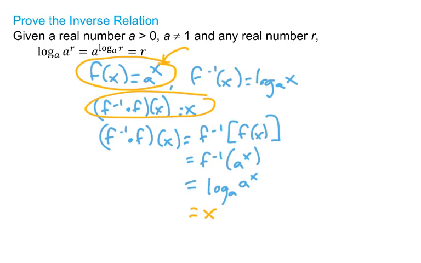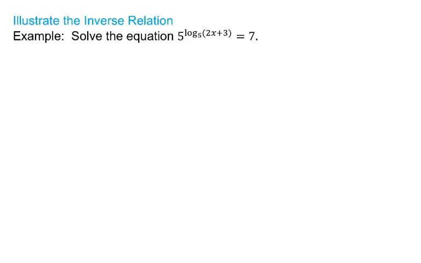Now in the upcoming videos, there's not going to be an example that illustrates this inverse relation, so I want to go ahead and put one in here real quick. We're going to solve this equation. It looks absolutely intimidating, but if you think about the fact that in this case 5 raised to the log base 5 of something r would just be r, then this expression on the left basically says that the function and the inverse composed to give you just what is inside the function.